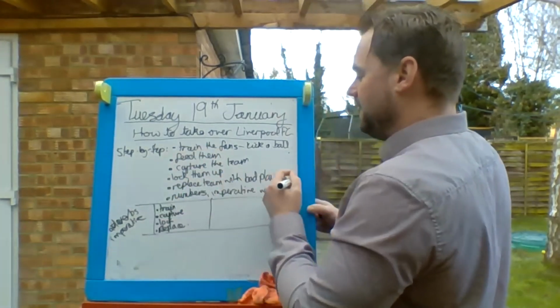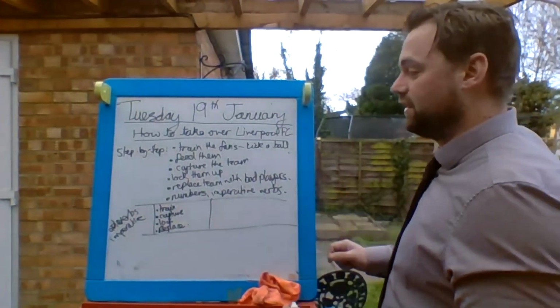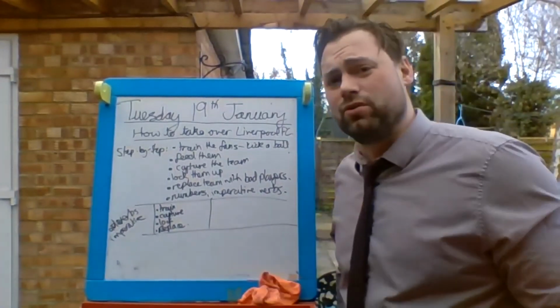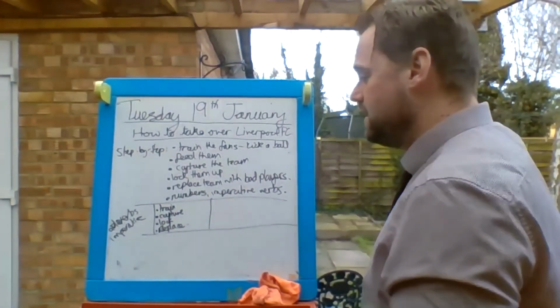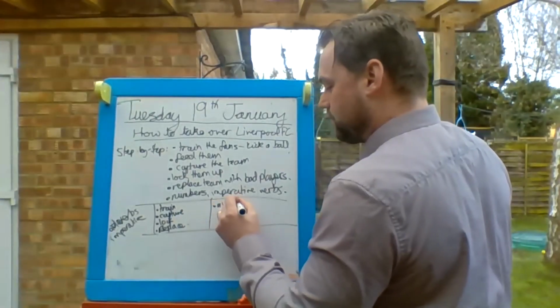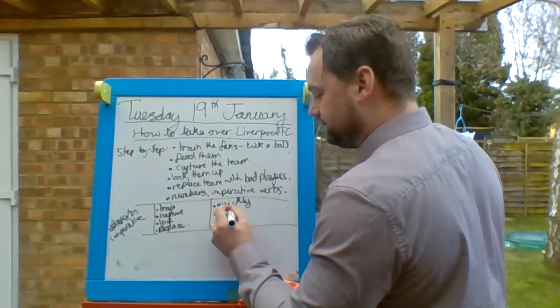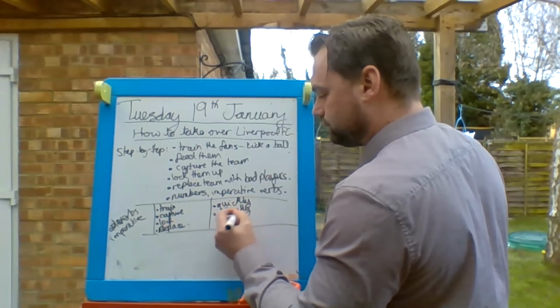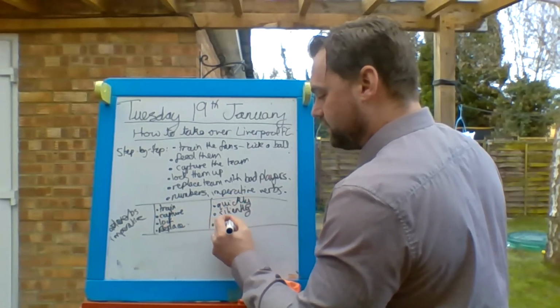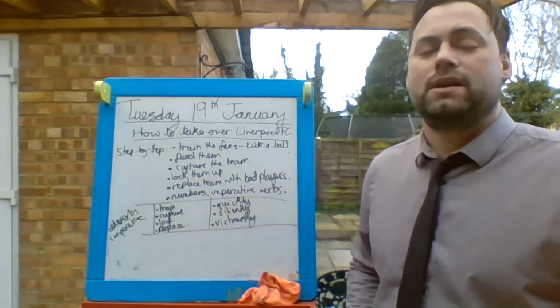Okay, also I forgot here in my step-by-step, I am going to need to make sure that I've got some time connectors in there as well. And then adverbs that I may use are quickly, silently, victoriously. Yeah, so lots of words that you can use there.